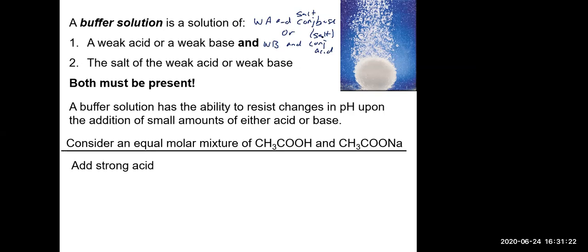It may go up a little bit, maybe to 5.1 or 5.2. But you won't see the buffer jump from a pH of 5 to a pH of 13 if you add base to it. If you add base or acid to a non-buffer situation, you will expect to see a big jump in pH.